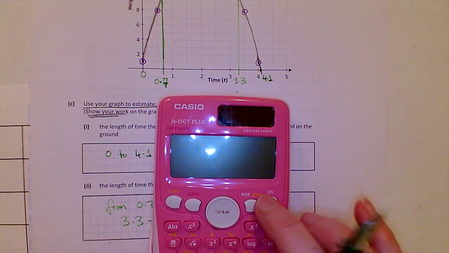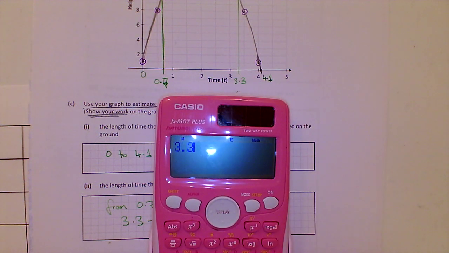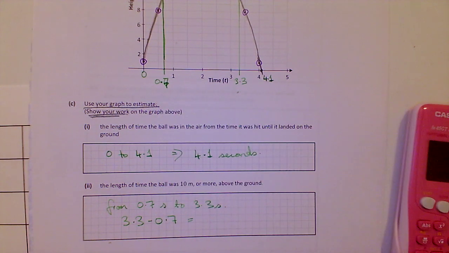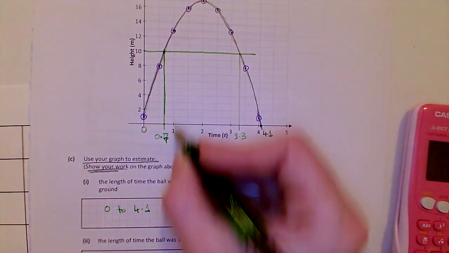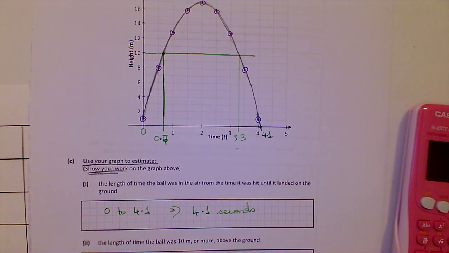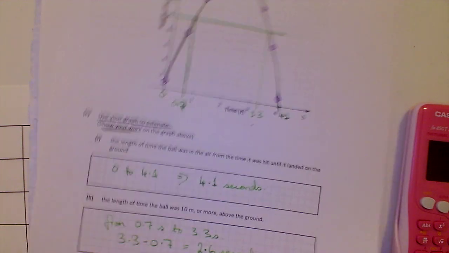Use a calculator to do that. 3.3 minus 0.7. And I've got 2.6 seconds. So the important thing there is that I've indicated on my graph all of the work that I did. You may use the graph, but if the corrector can't tell that you've used the graph, you can't get marks for it.